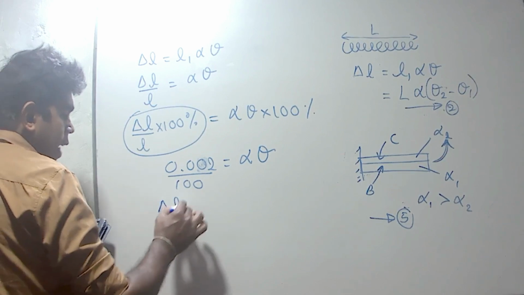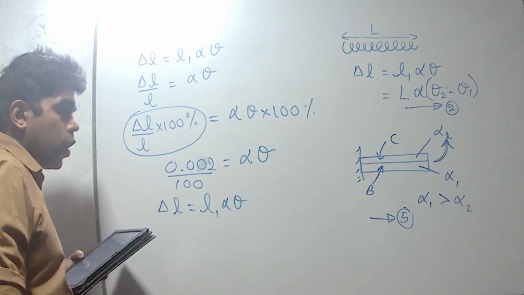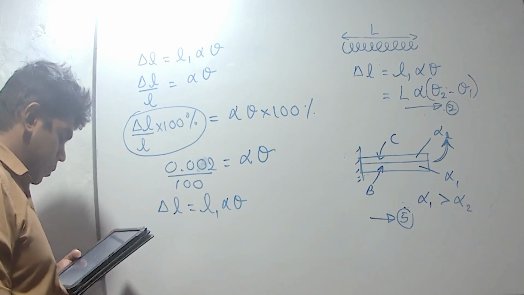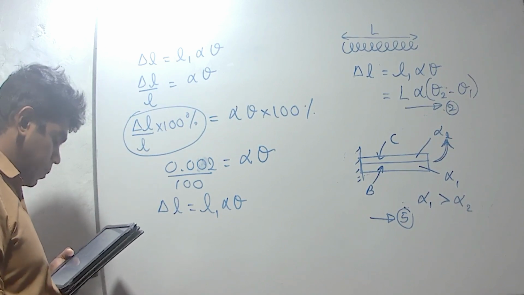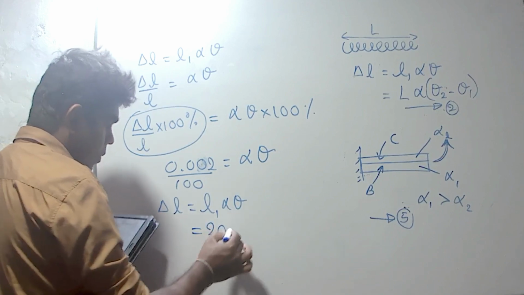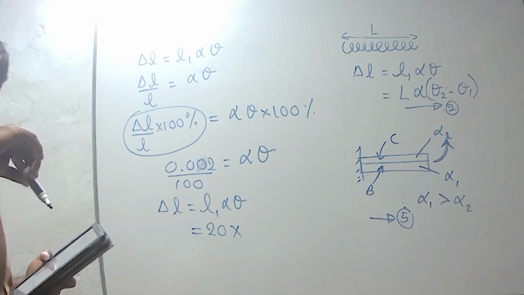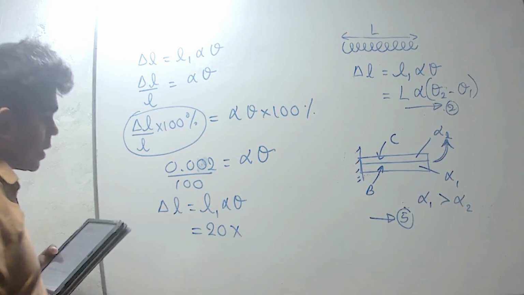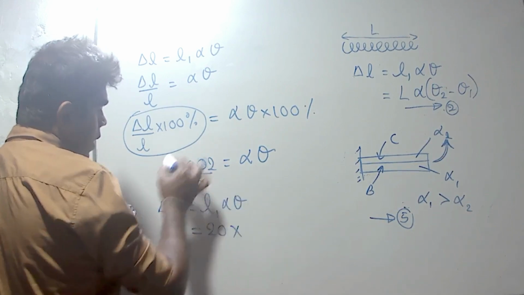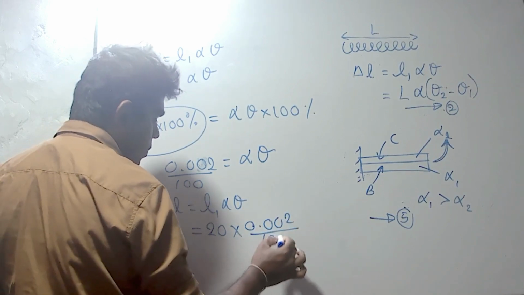I will use delta L equals L1 alpha theta for the length of the hole. The length of the hole is 20 millimeters. I will use the millimeter value, then we can obtain the answer in millimeters. The alpha theta product is 0.002 divided by 100.